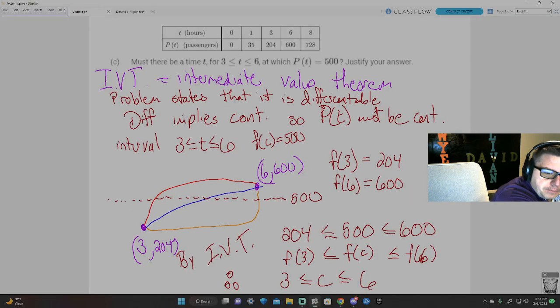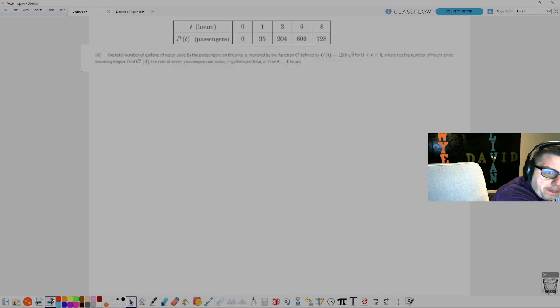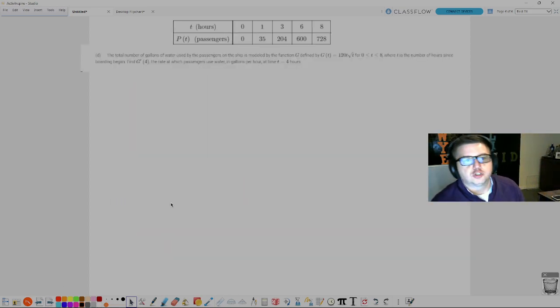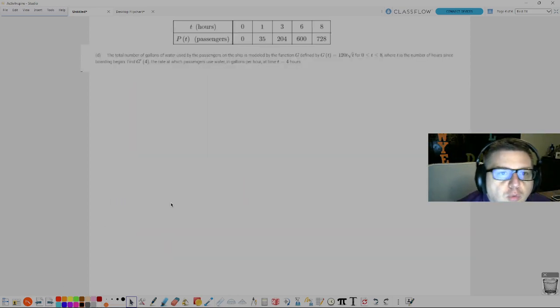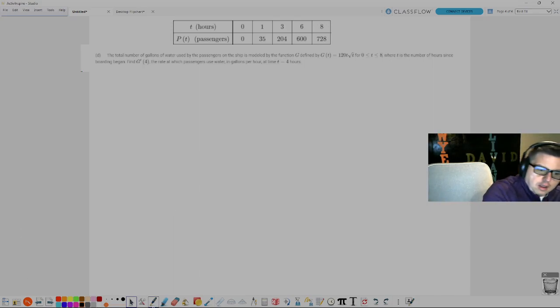All right, last one. The total number of gallons of water used by passengers on a ship is modeled by G of t. All right, so G of t. And if I were doing this problem, I really would write myself a note of what G of t actually is.